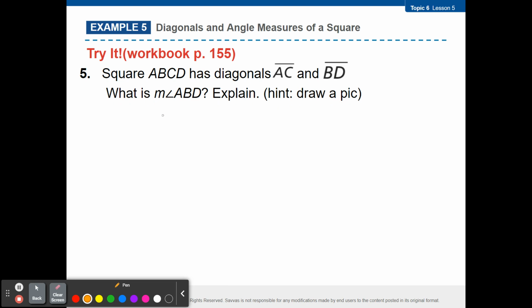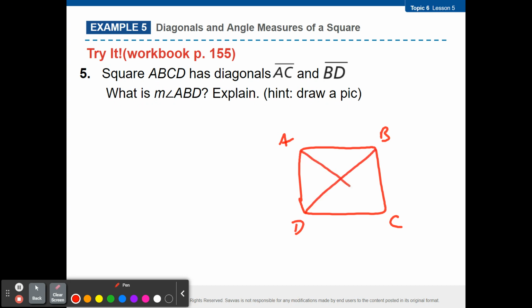So draw it out. So you have, let's say, A, B, C, D. Here's a diagonal. Here's a diagonal. So this says, what is the measure of ABD? So A to B to D. They're talking about that right there. Cassie, you had it. 45 degrees. That's it.